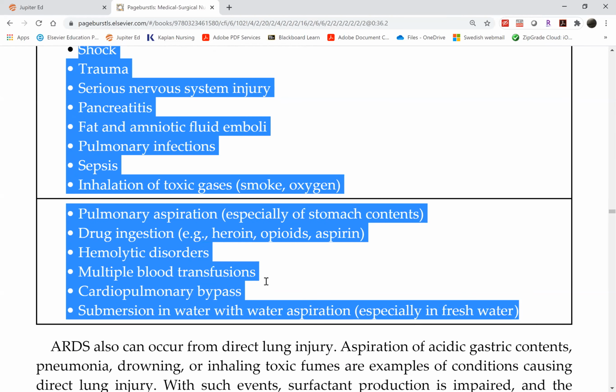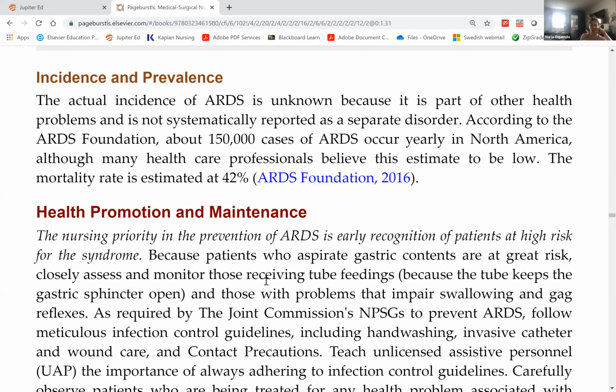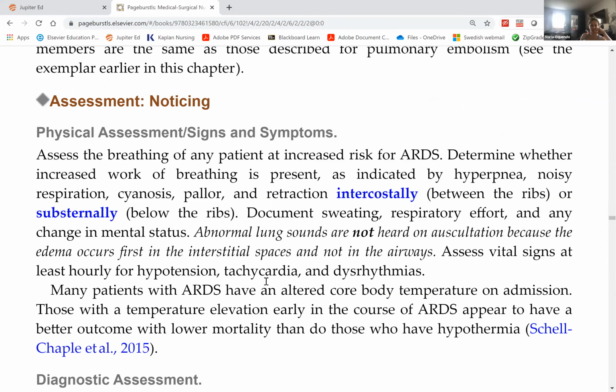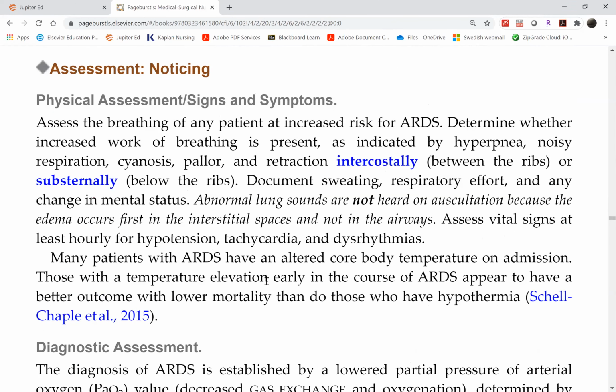These are the patients at risk for ARDS. So you monitor them closely for the condition. So we already have the signs and symptoms. They're further explained here, but the bullets earlier at the start of the paragraph on the definition are going to give you your signs and symptoms.